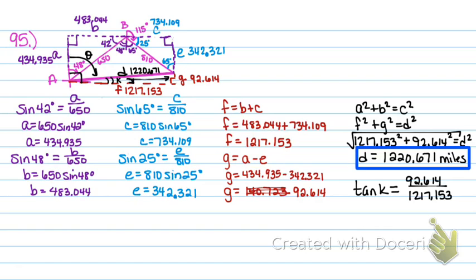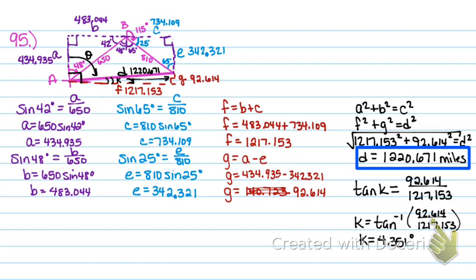How do you find K? Inverse tangent of what we just put in that fraction. All right, so let's do that. We found that K is 4.351 degrees.